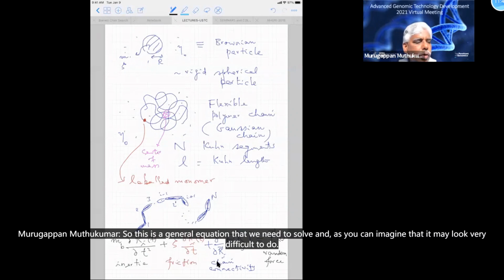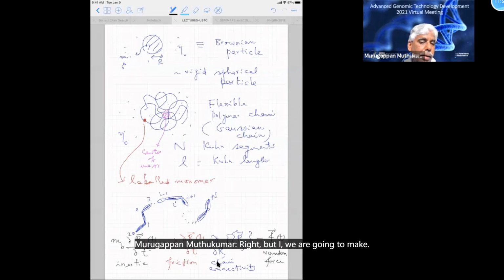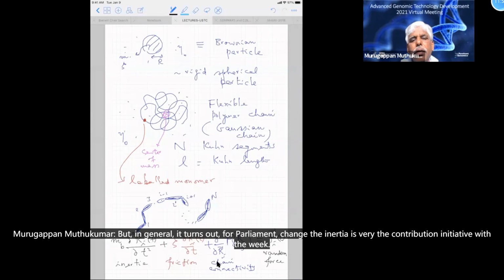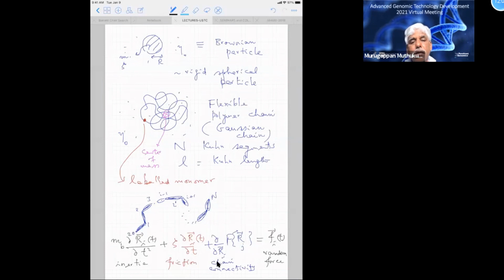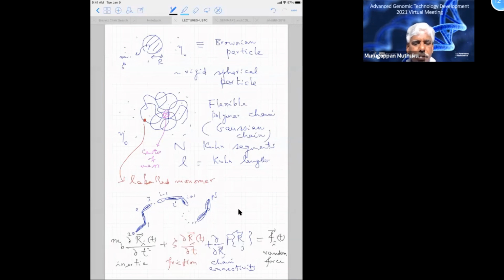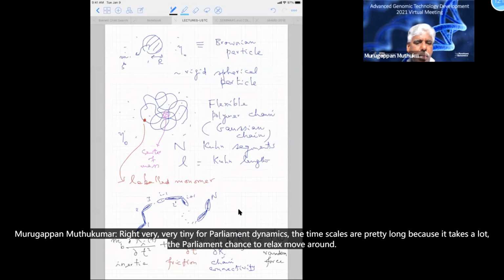Okay, so this is a general equation that we need to solve. And as you can imagine, it may look very difficult to do, right? But we are going to make an exact calculation. In general, it turns out for polymer chains, the contribution of inertia is very weak. Particularly since we are going to be interested in time scales which are not very, very tiny. For polymer dynamics, the time scales are pretty long because it takes the polymer chains time to relax and move around.